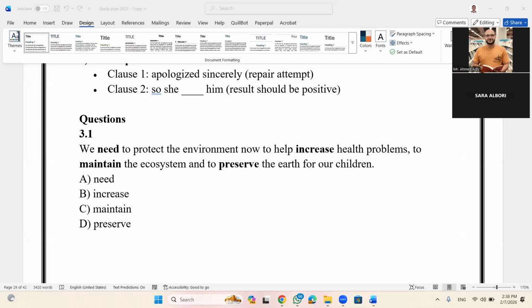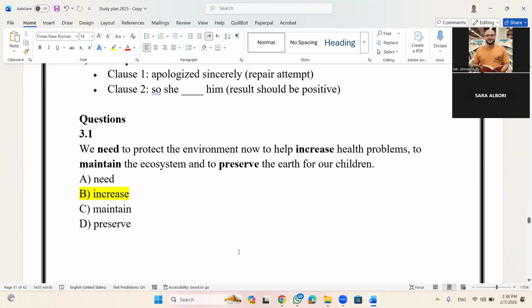It's about something we need to do to help the environment, solve the problems, protect the ecosystem and protect the earth for future generations. Which one does not fit the context here? Increase. Yeah, increase health problems. Perfect.